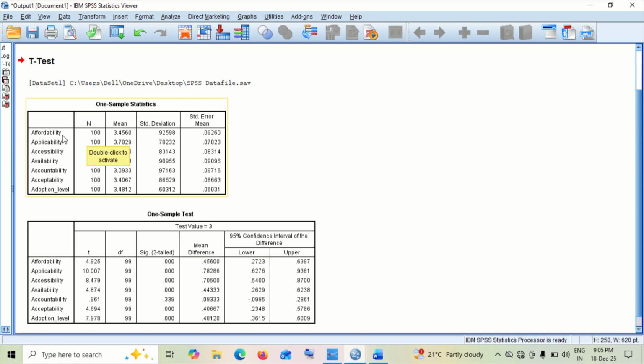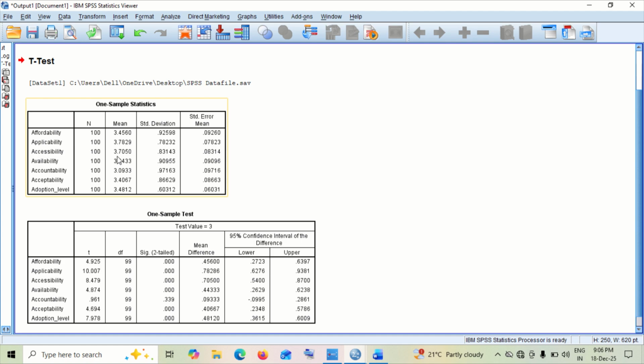Here from this table, we can understand that affordability, applicability, accessibility, availability and acceptability have a mean score above 3. That is, the first component has the mean score of 3.456. Second component has the mean score of 3.782.